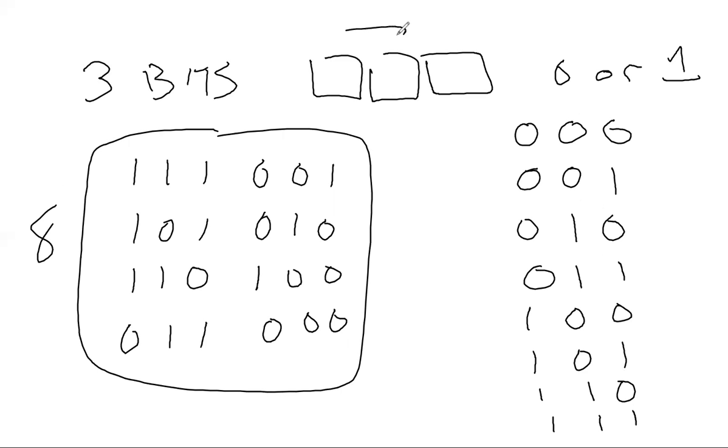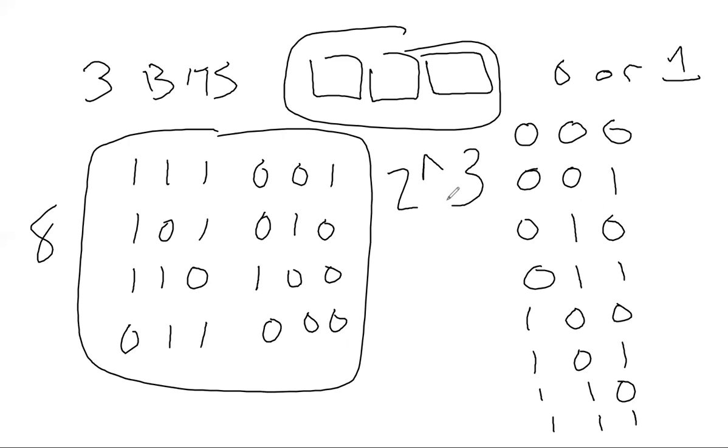So 3 bits gives us 2 to the 3, or 2 to the 3, depending on how we want to draw it. 8 combinations, which gives us the value 0 through 7. We almost always start counting from zero when we talk about computer science. So if I want to count 8 times, I go from 0 to 7 usually.